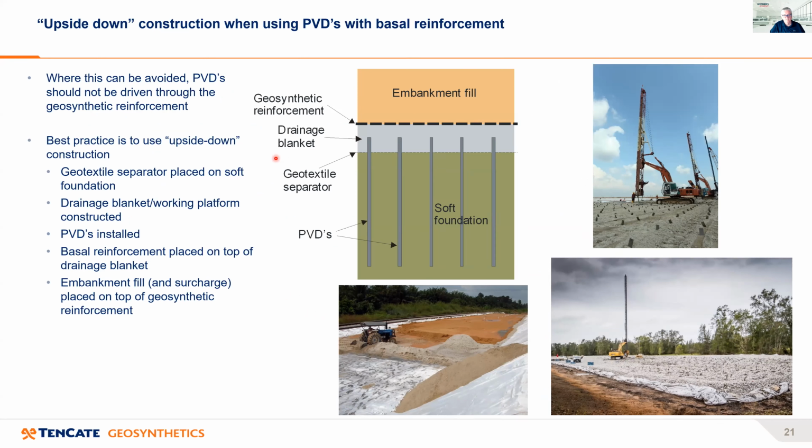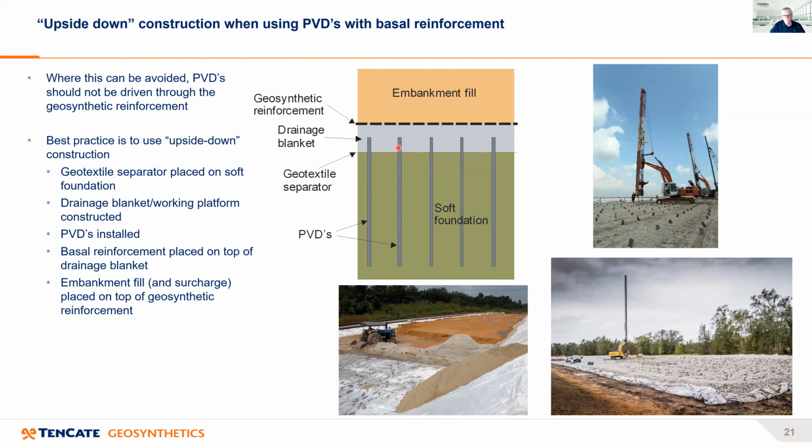What that means is that we place a geotextile separator on the soft foundation, and on top of the geotextile separator, we place and build a drainage blanket. Now, this drainage blanket also doubles as a working platform so that the PVD rigs can traverse across the surface.